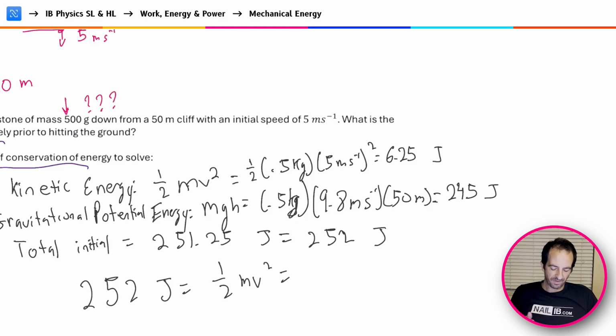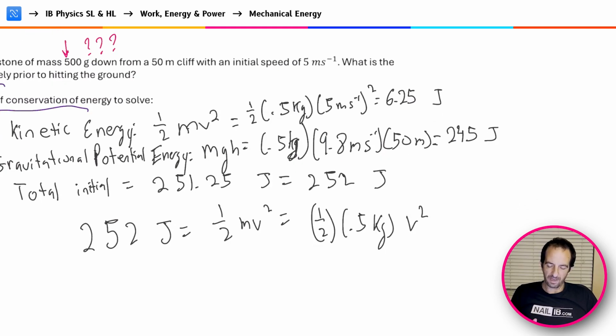So 252 joules needs to equal 1/2 mv squared, where the mass is still 0.5. That didn't change, 0.5 kilograms. And we solve for v.